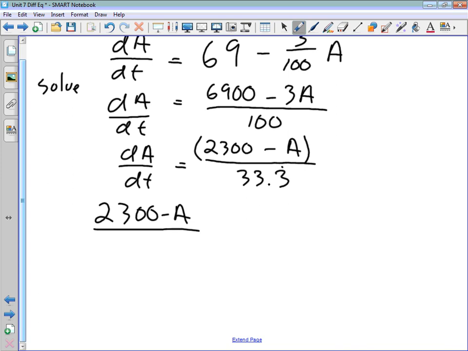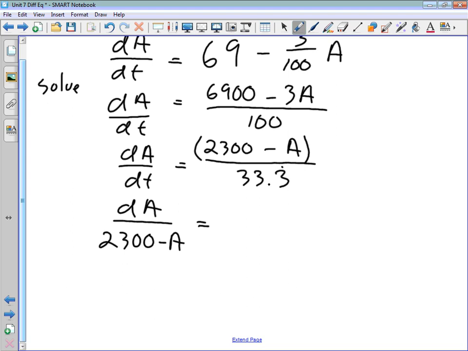Oh no, sorry, it's going to be in the denominator when we move it over. So this side is going to be dA over (2300 minus A). And then on the right-hand side, we are going to have 1 over 33.3 dt. And then we want to integrate both sides.